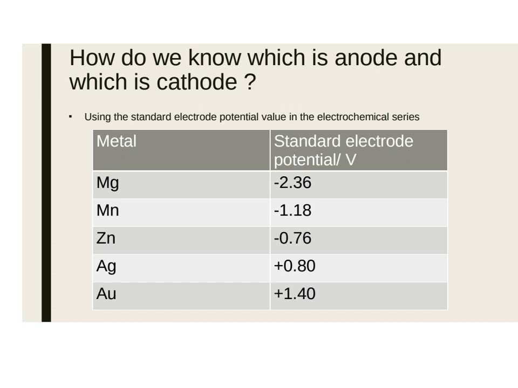So how do we know which is anode and which is cathode, right? If we are given the standard electrode potential value, we can easily say which one is the anode and which one is the cathode. So let's say we have an electrochemical cell which contains magnesium and manganese, right?